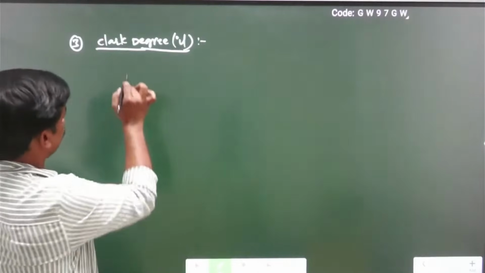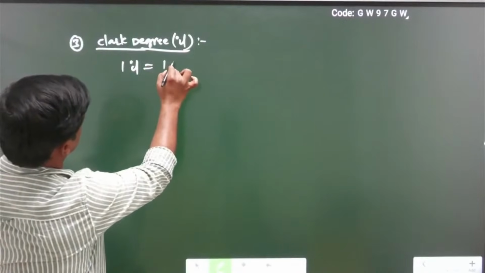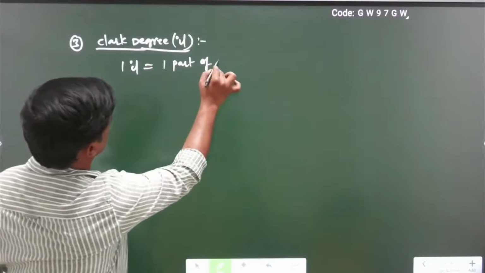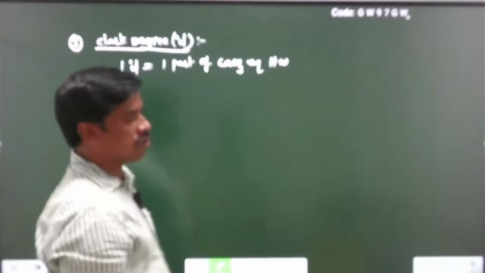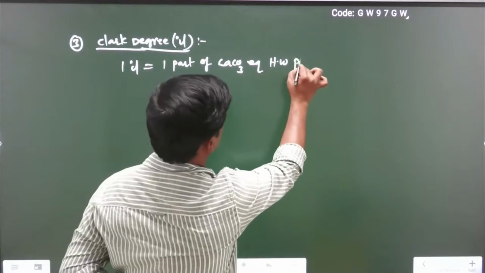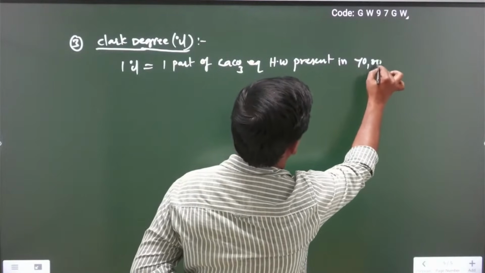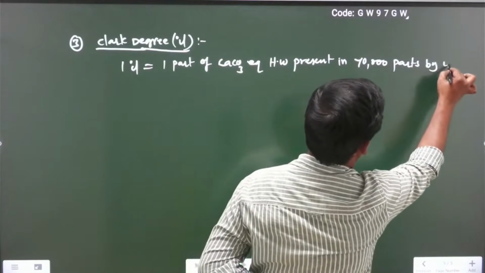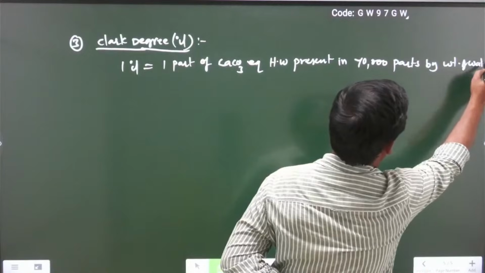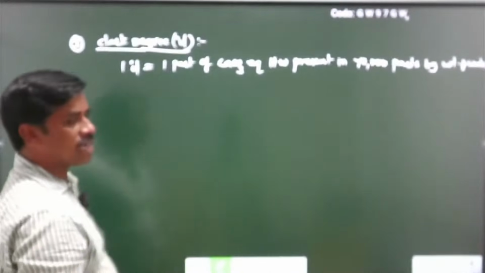Here, how to define this? 1 degree Clark is equal to 1 part of CaCO3 equivalent hardness present in 70,000 parts by weight of water. 1 part of CaCO3 equivalent hardness present in 70,000 parts by weight of water is said to be a Clark degree.